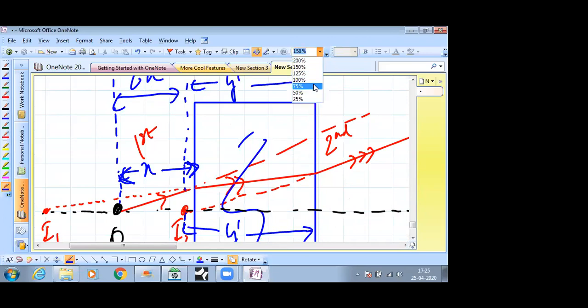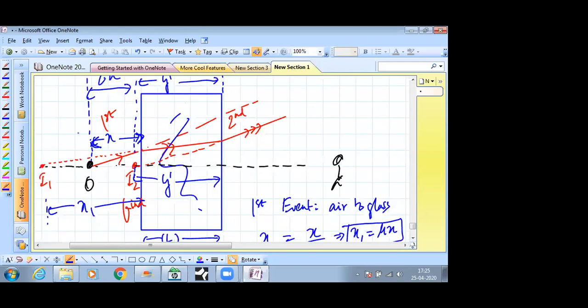All right. So let's now come back to this. We want to find out delta x, which in the diagram you can see is this whole distance, which is x plus the thickness minus y prime, the distance of I2 from this point.